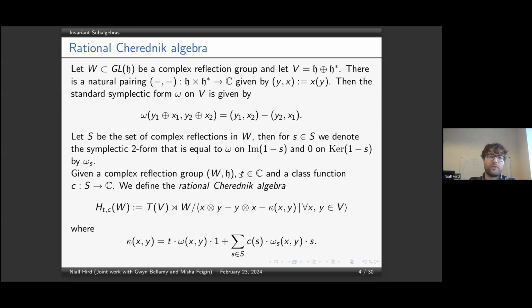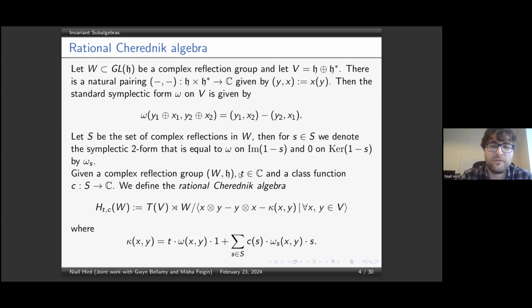And I'm going to denote by this capital S all the complex reflections in W. So these are things that generate it. Then for each s, we make a new symplectic form that's equal to omega on the image of 1 minus s and 0 on the kernel of that. And so you just denote that by omega sub s.